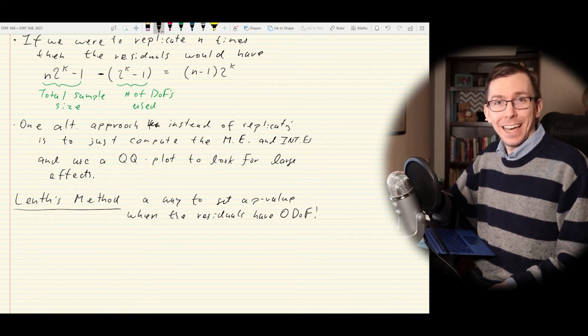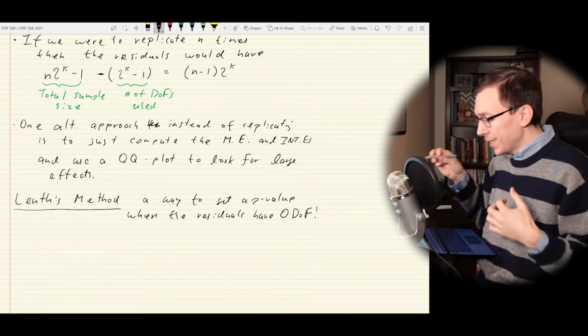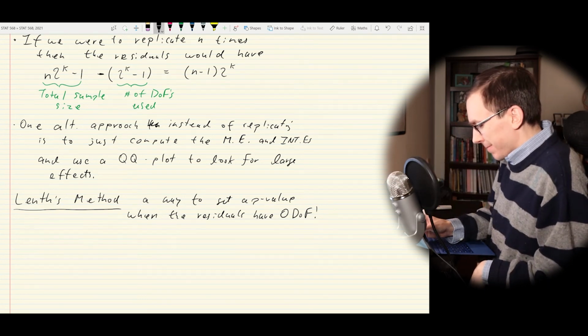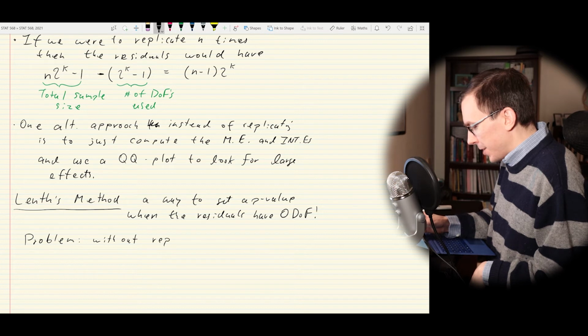Let's take a look and see how that's done. All right. So what's the problem? Well, the problem is that without replication, we have 0 degrees of freedom for the residuals.